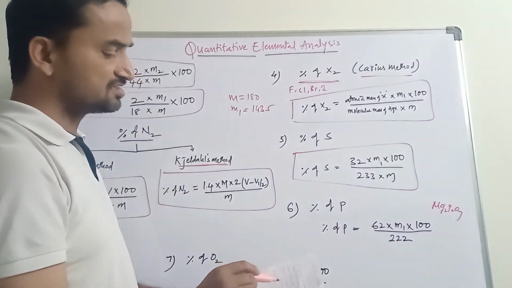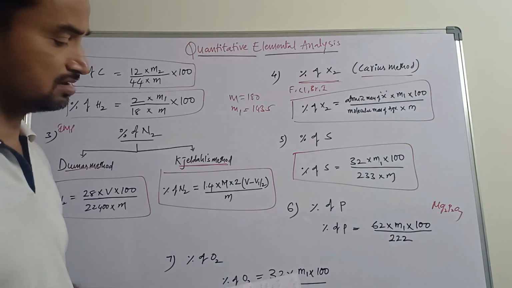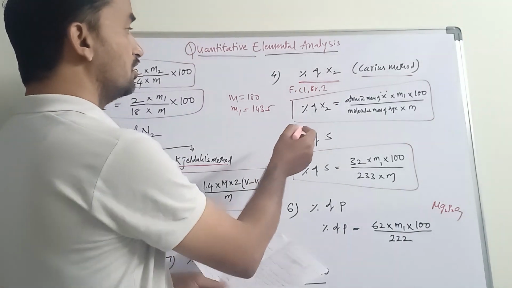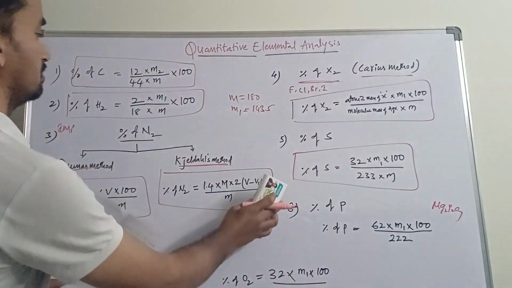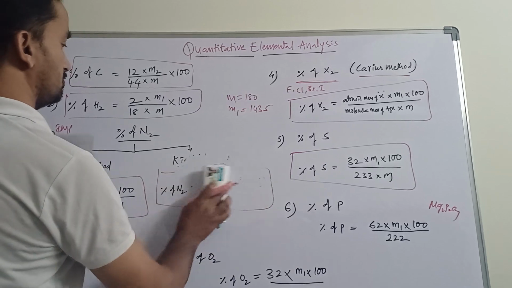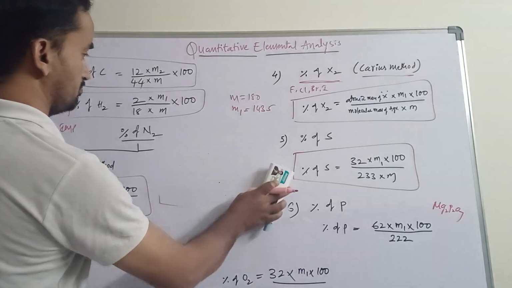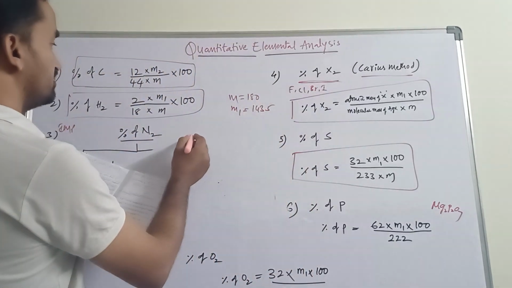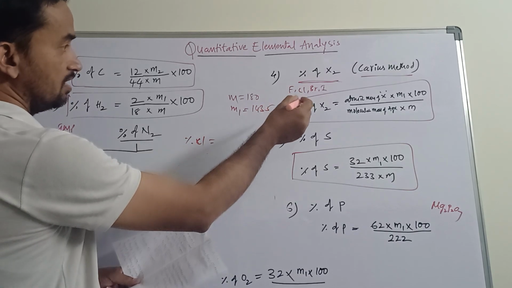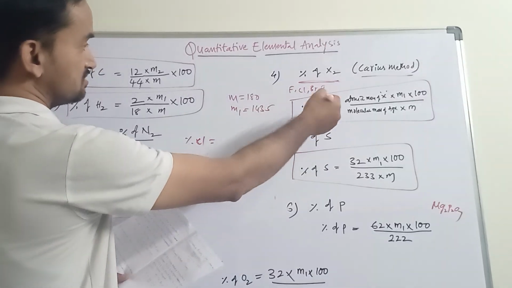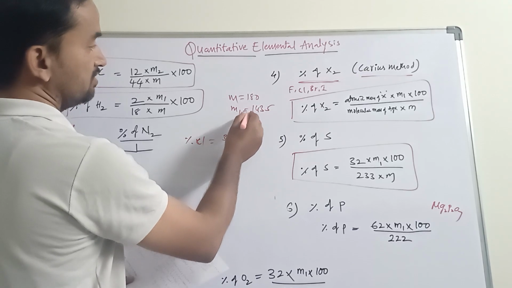Now they are asking the percentage composition of chlorine in the compound, that is percentage of X, here Cl. The atomic mass is 35.5, and here the masses are in milligrams.